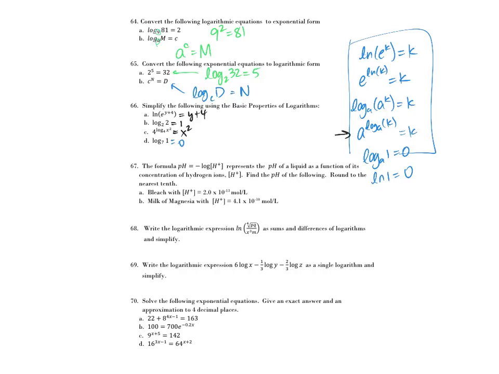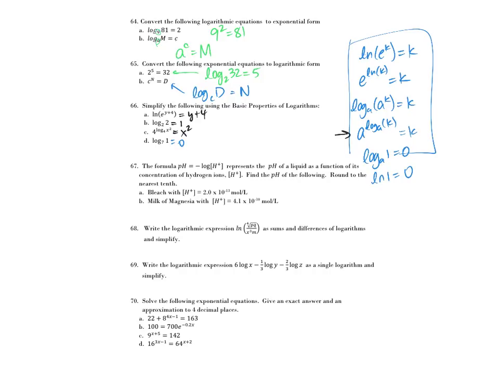Okay, there's a formula for pH. It represents the pH of a liquid. Find the pH of the following. So if the H plus is that, then I want to find the pH.